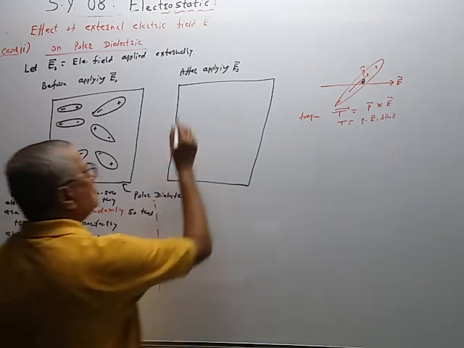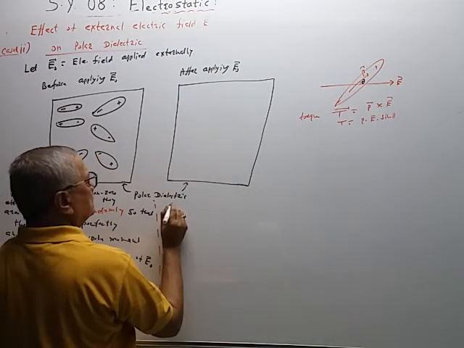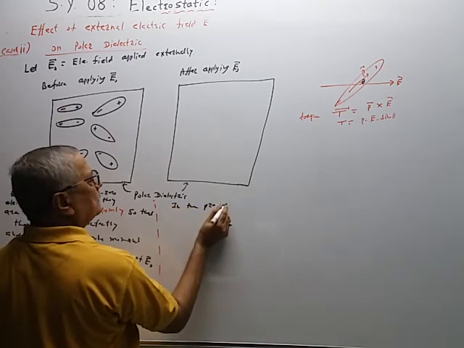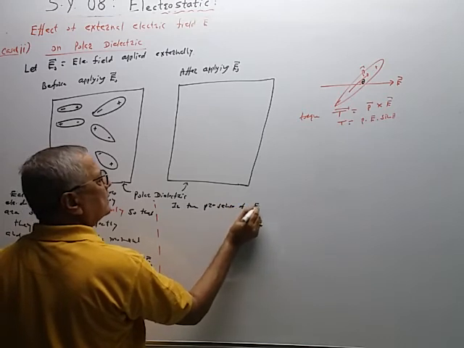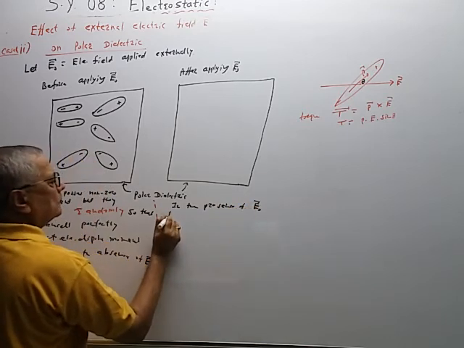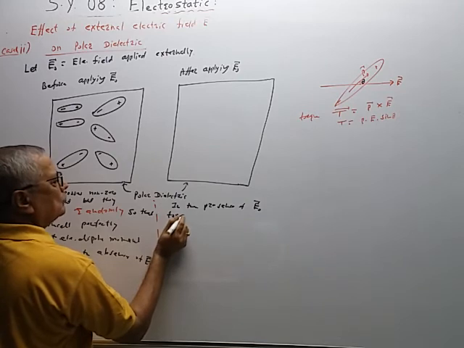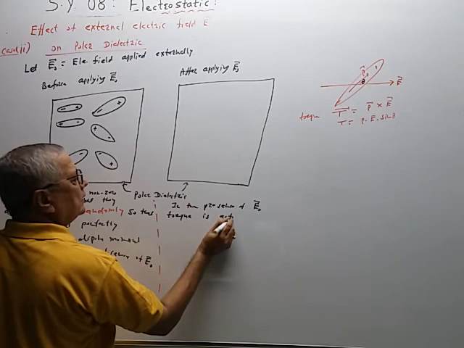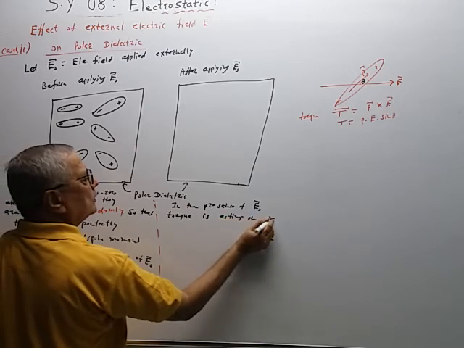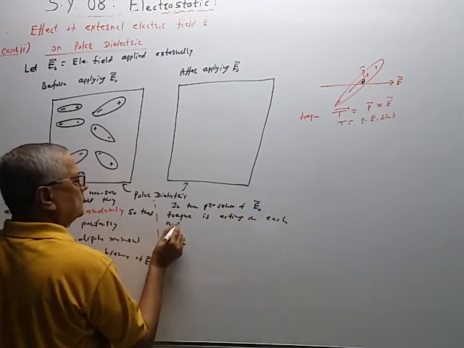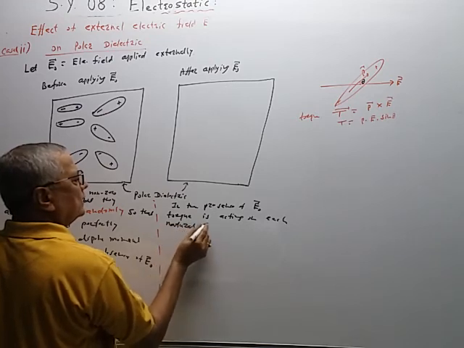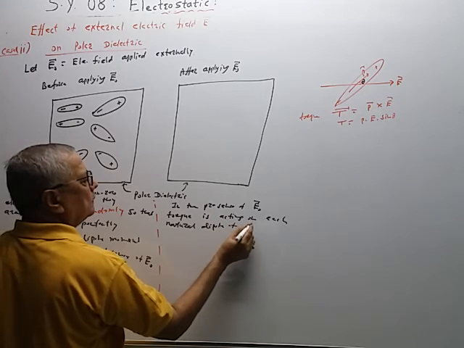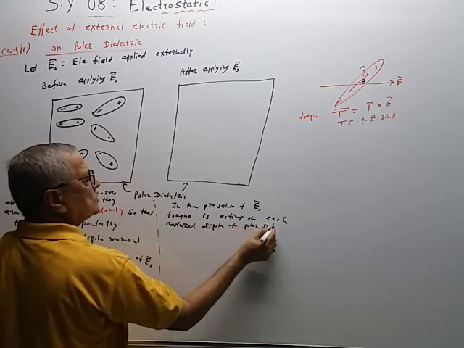So, on this side, in the presence of external electric field E_0, torque is acting on each natural dipole of polar substances.